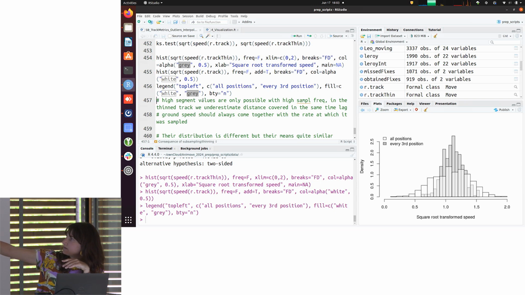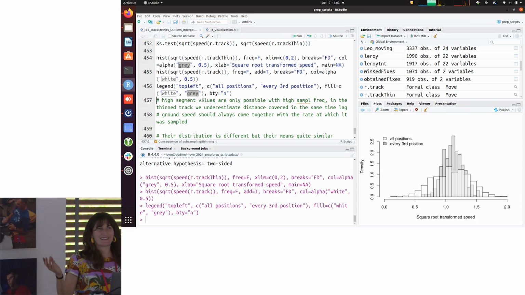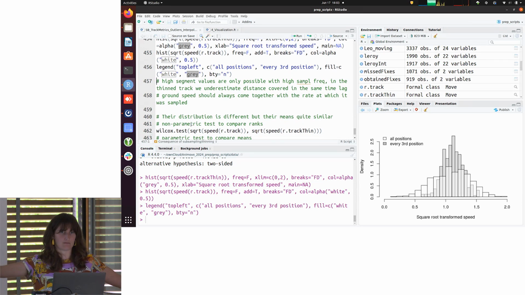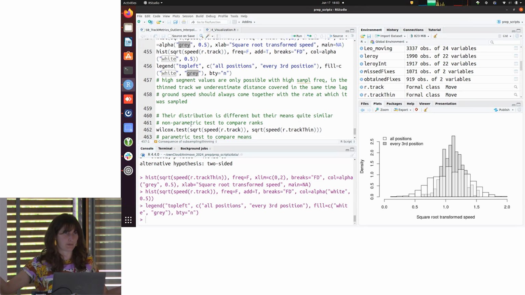And in gray, in the back, every third location. The mean is more or less the same, but the overall distribution changes. Only when we have all the locations do we have this wider range of possible speeds. So the more we subsample, the more we reduce the variability in speed.